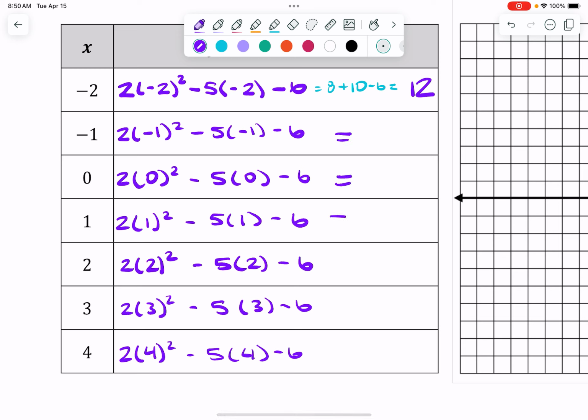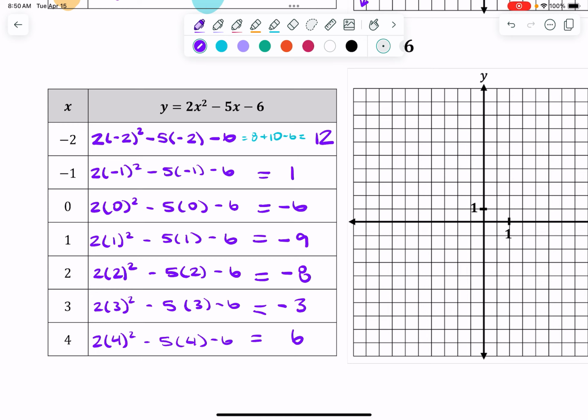And if we plug all of those in, we do the math, we should get the following numbers: 1, -6, -9, -8, -3, +6. And just like before, I can take the x values and the y values we found, and I can plot my points.